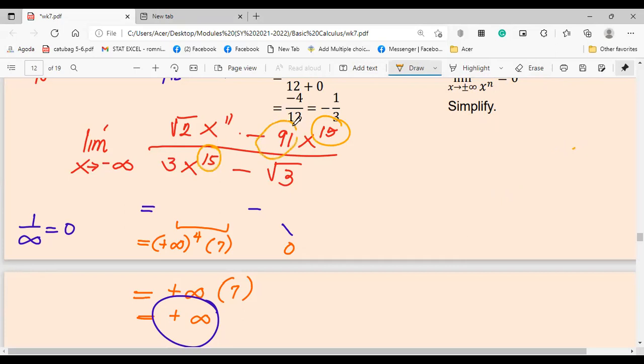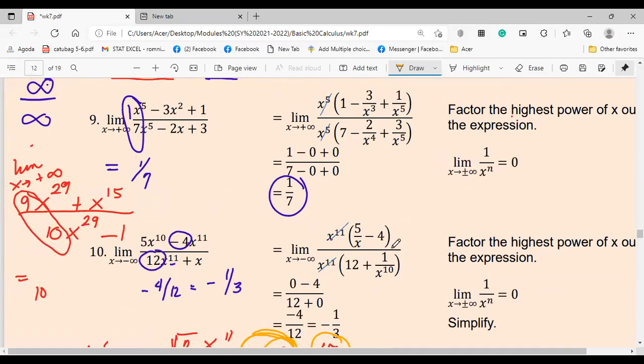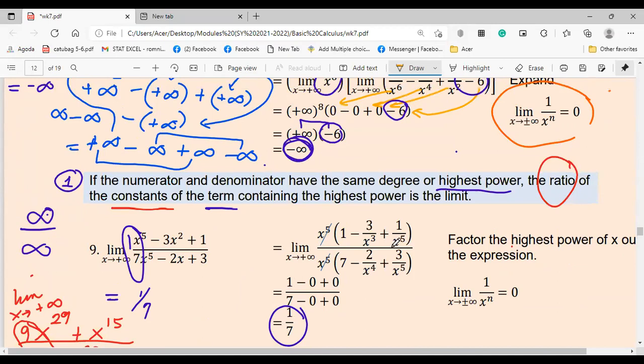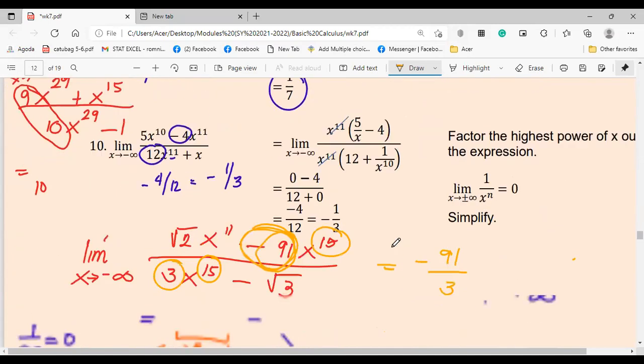So kukunin mo na ang numerical coefficient. But always remember that's negative. So it means the answer is negative 91/3. That is the answer. Okay, that's how quick it is when you are solving same degree sa numerator at denominator.